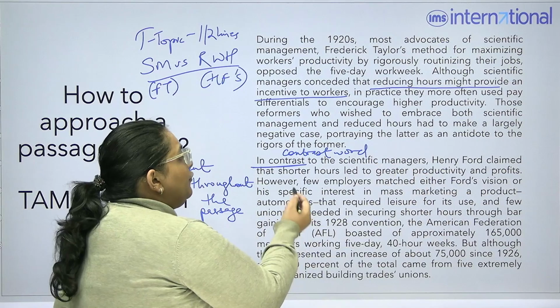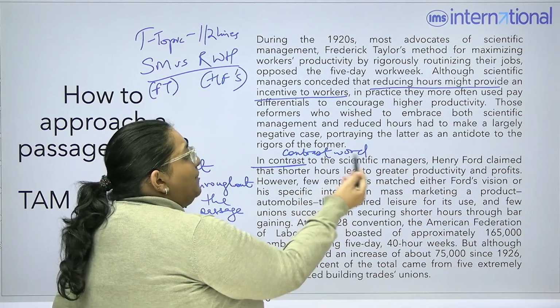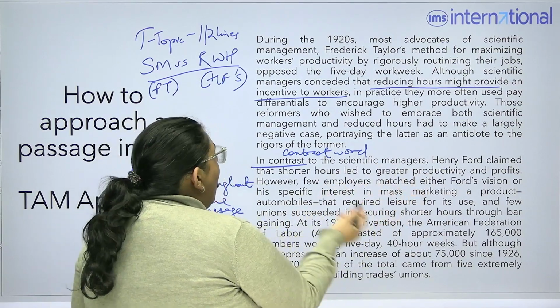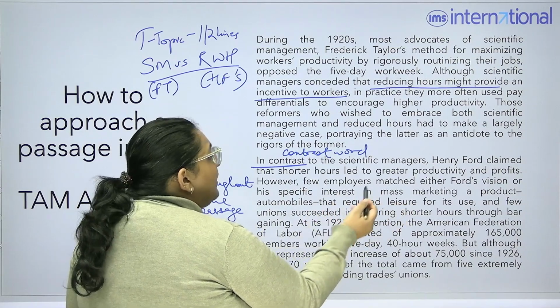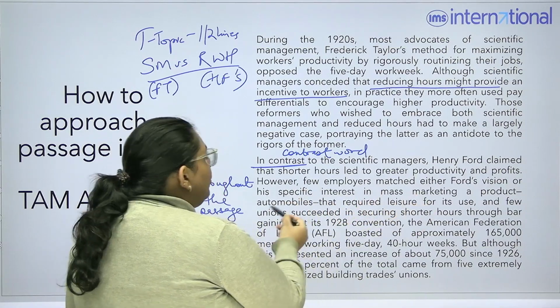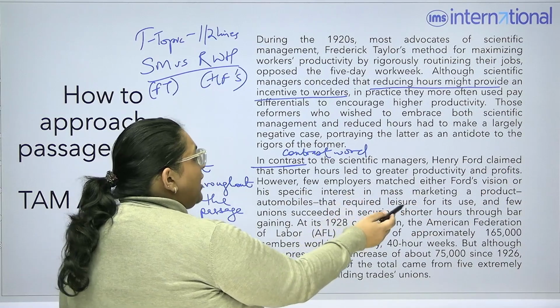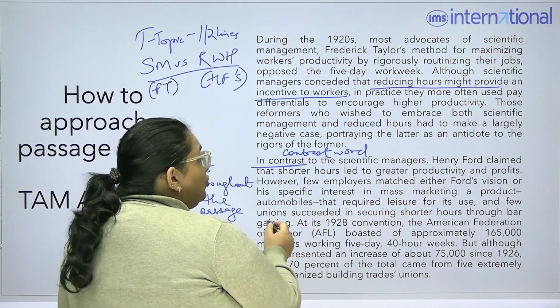According to him, few employers were able to match this vision or his specific interest in mass marketing a product that required leisure for its use, and few unions succeeded in securing shorter hours through bargaining.